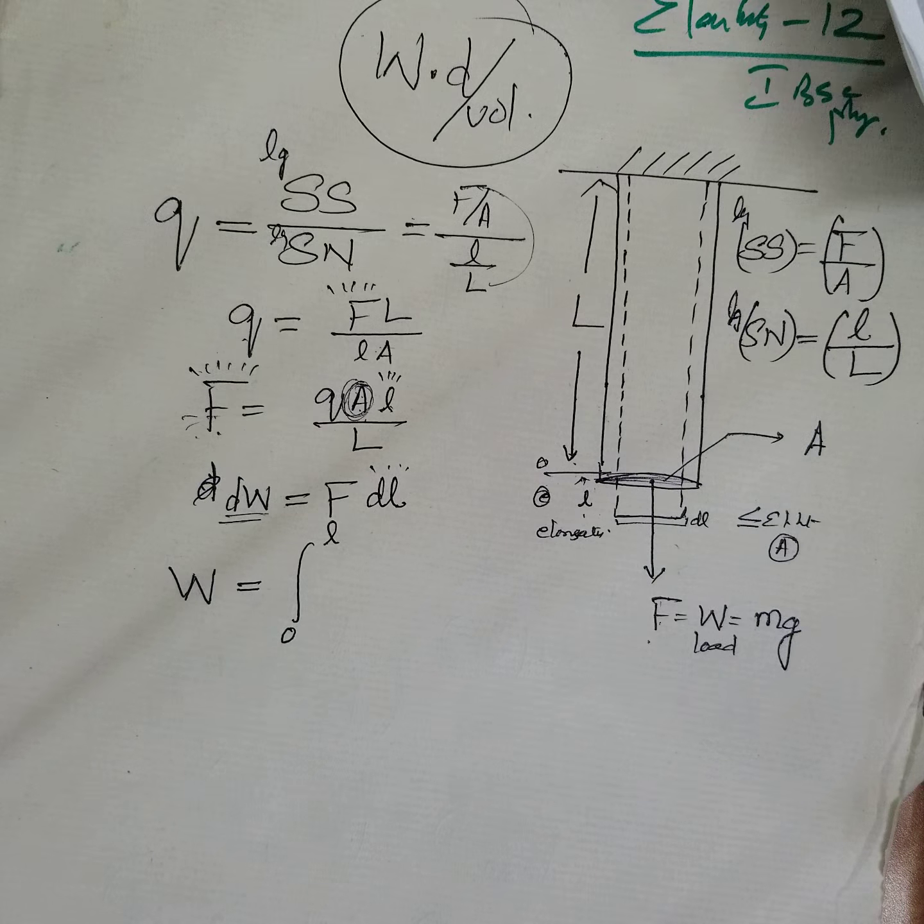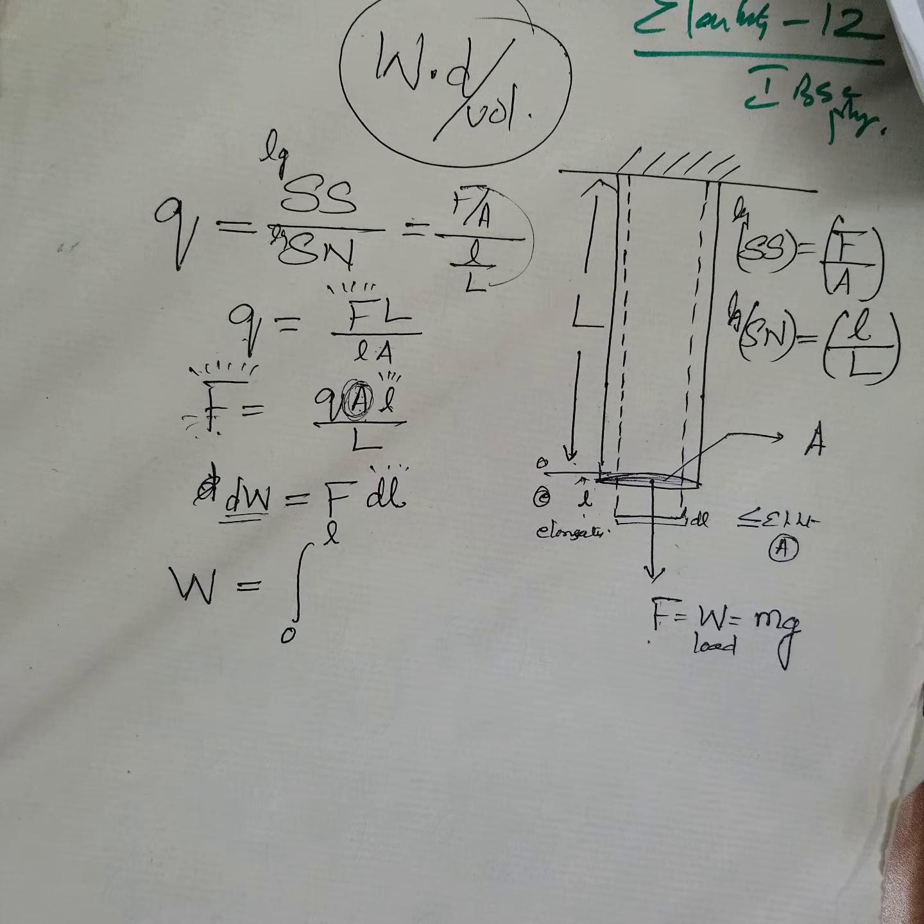As a result, work done is equal to QA by L into l square by 2. Again I write QA by L, and I'll take the half out this side, l into l. Now, what do you observe from this quantity?